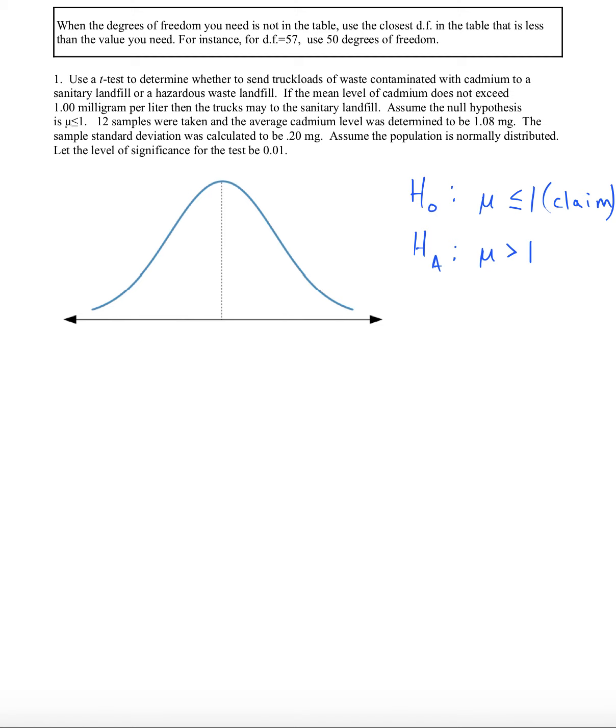We should determine now what type of test this is. Is it a right-tailed test, a left-tailed test, or a two-tailed test? You can judge the type of test by the null hypothesis, if you wish. Our null hypothesis says that mu cannot exceed a certain level, which means that if it did exceed that level, then we would want to reject that null.